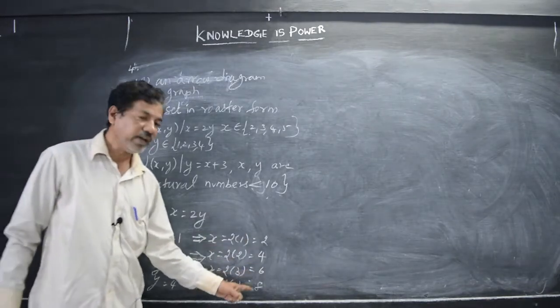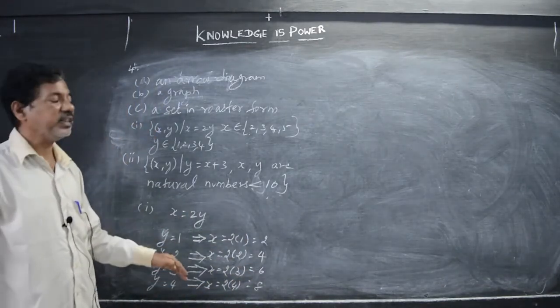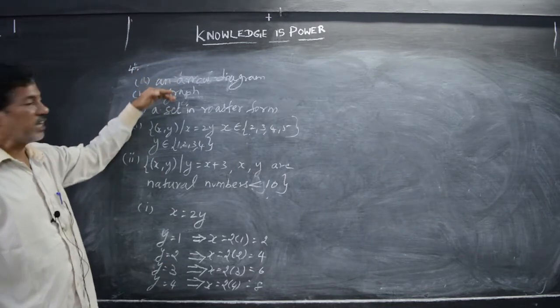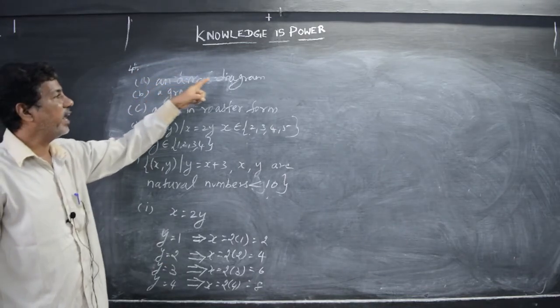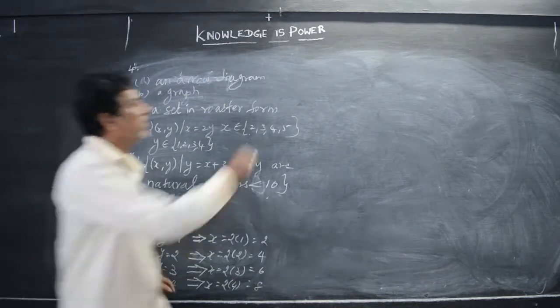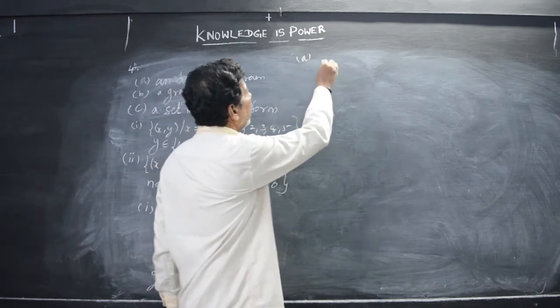So we will get one of the answers. After that, you have to follow this. What does the question ask us to find? An arrow diagram.